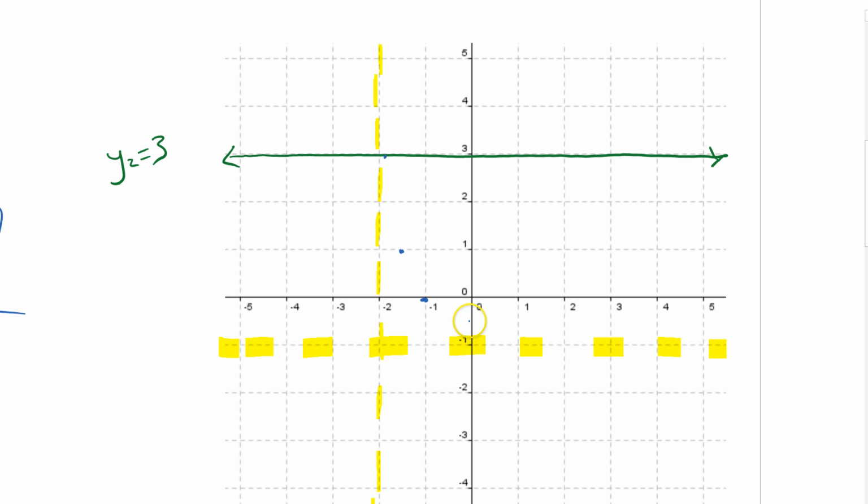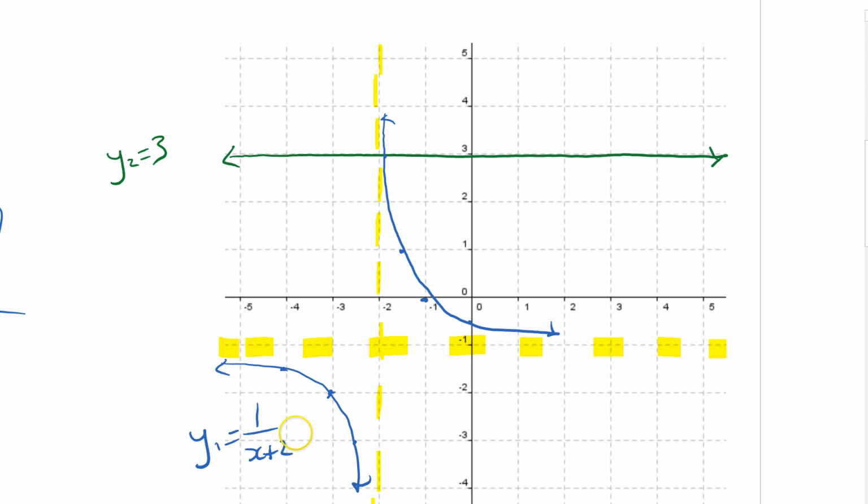But let me just sketch out this line, and here down below. So there in blue is my y1, y1 is equal to 1 over x plus 2 minus 1. The point at which they intersect is what we're interested in.